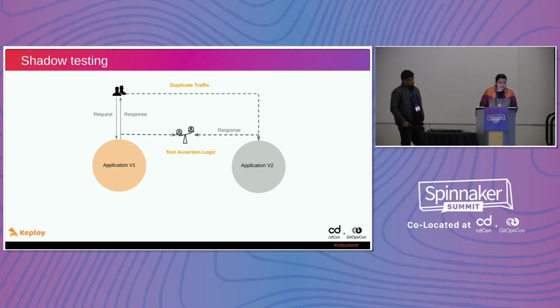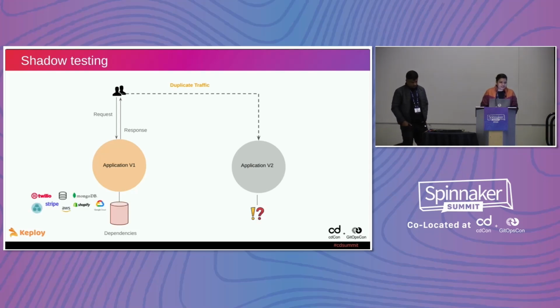But it's not that simple. It works fine with stateless applications. For stateful applications, there are a lot of other dependencies that your application is talking to, especially databases. And you cannot really have the same state for your new application version that you want to test.